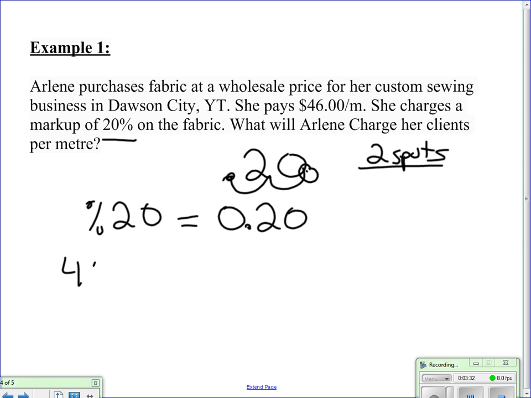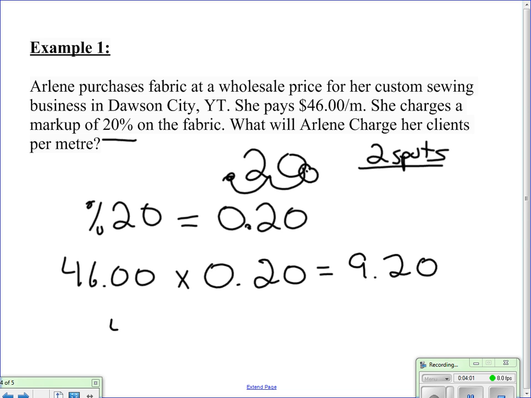Now that I have a decimal, I can figure out what the markup is. Well, if she buys her fabric for $46 per meter, and she's going to mark it up 20%, then her client price is going to be 20% of $46, which is an extra $9.20.